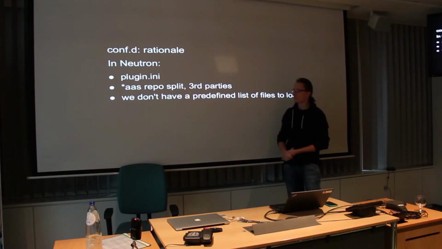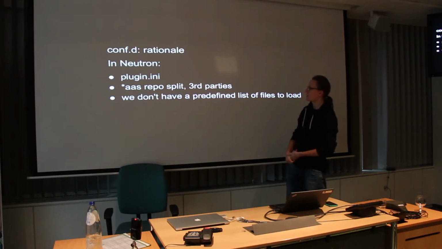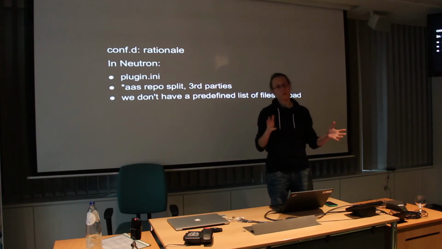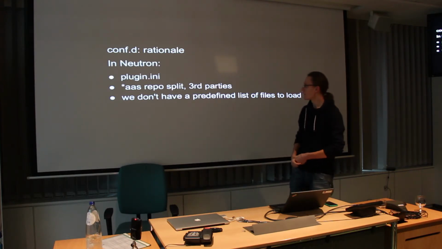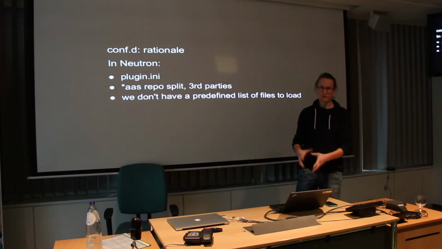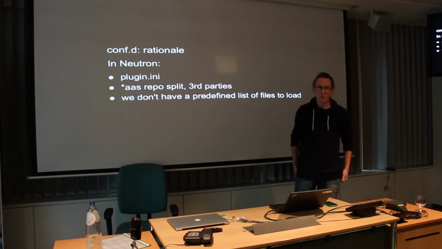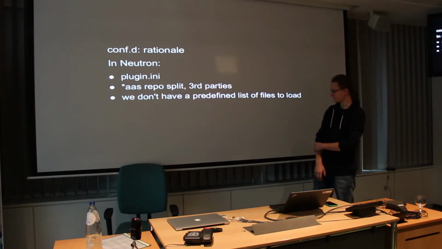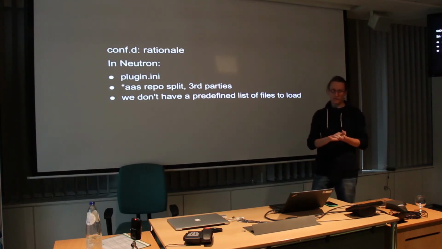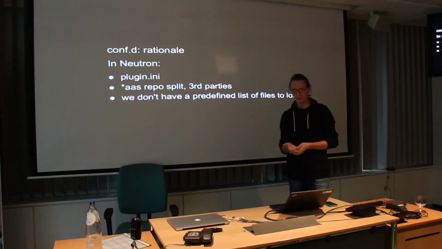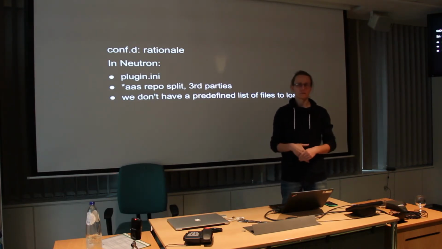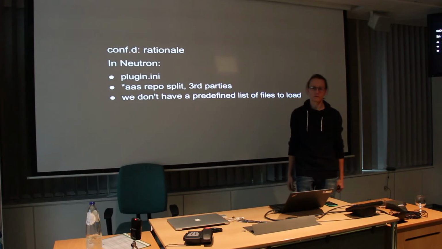It worked mostly fine. Then we had these advanced services code split from the core Neutron, and every service started to ship their own configuration file, and we did not know what to load. We would need to do that depending on what's installed. Also, for example, for the ML2 plugin, we have a base configuration file that contains some common options.